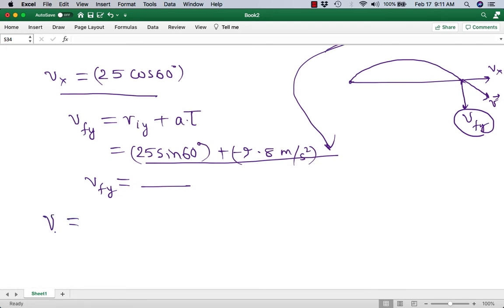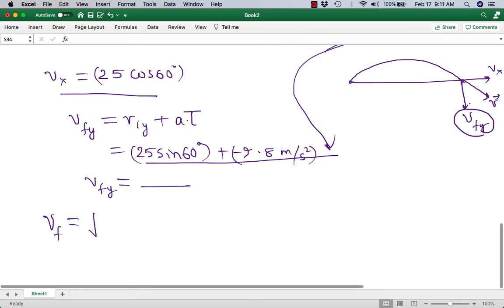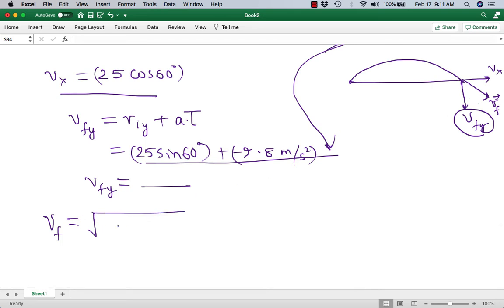And once you have that, v final, which is this vector, would be the square root of v_x squared, x component squared, plus v_fy squared, y component squared, just using the Pythagoras theorem. Again, if you have the x component and y component, its resultant is given by this Pythagoras theorem.